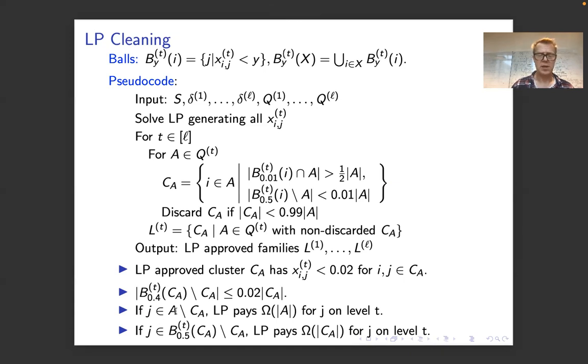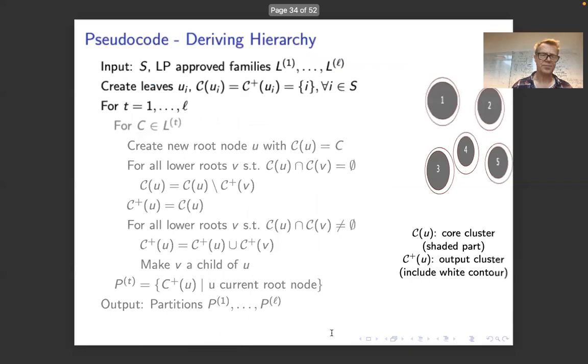If you have something in the input cluster that does not stay after the cleaning, the LP is paying something proportional to the size of the cluster. And a bit similarly, if there's something that's too close to a level approved cluster, then the LP has paid something which is proportional to the cluster size again for each such thing. Okay, so this is what we can amortize over when we do the rounding.